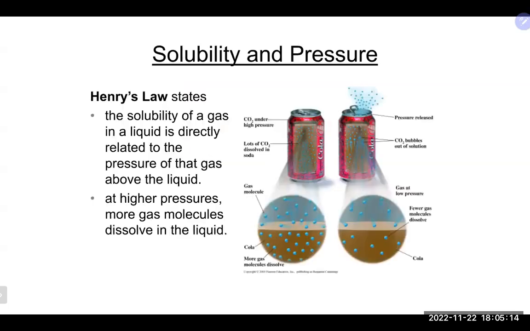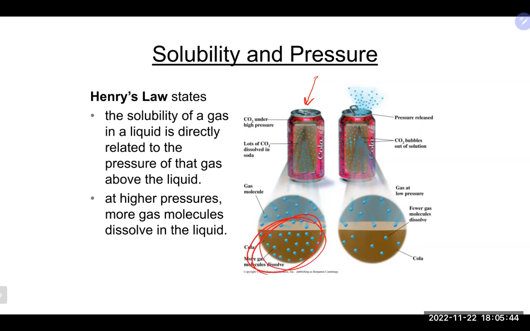So if we look at an example of this, and I think we might have talked about it when we were talking about gases, but this is the solubility under pressure. Before, again, you pop your soda can there, it's under a lot of pressure, which means the CO2 that's in there is more soluble in the liquid part of your soda, which is basically water, syrup, and whatever type of soda you got going on there. So you have a lot more of that CO2 dissolved in the liquid part.